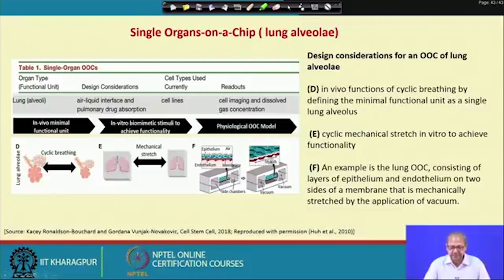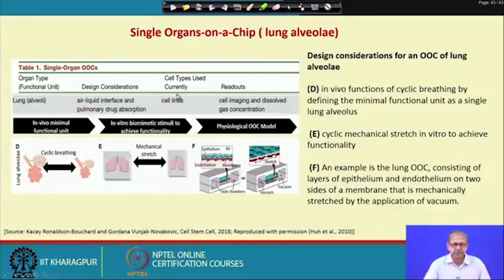When that stretching force is applied, the cells differentiate into alveolar epithelial cells, and underneath is your interstitial flow, which behaves like your lung alveoli. Here the gas exchange between the bottom chamber and the upper chamber full of air could be monitored, and the microenvironment is an air-cell interface on top and a cell interface at the bottom through the membrane.